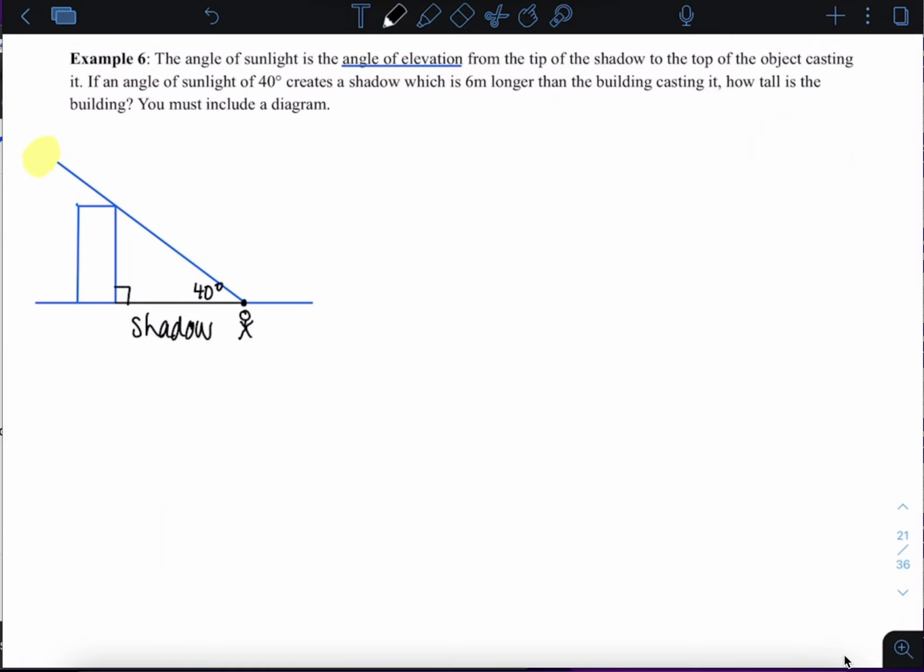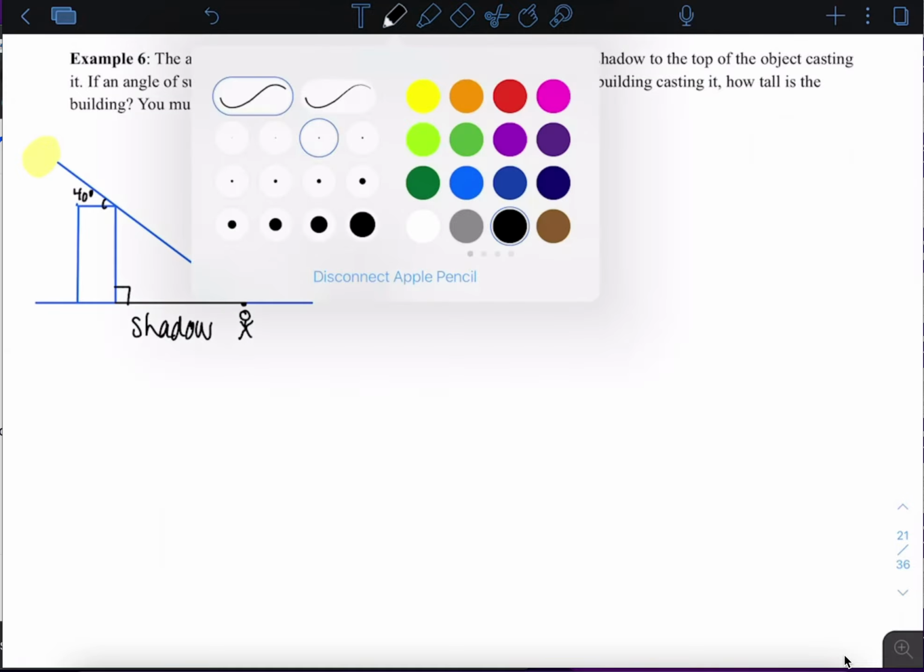We're going to talk more about angle of elevation next time. So this is the tip of the shadow, or top of the shadow, I guess. Okay, and now that we've labeled this, I know that this is also going to be 40 degrees. It doesn't really play into it, but it's good to know.